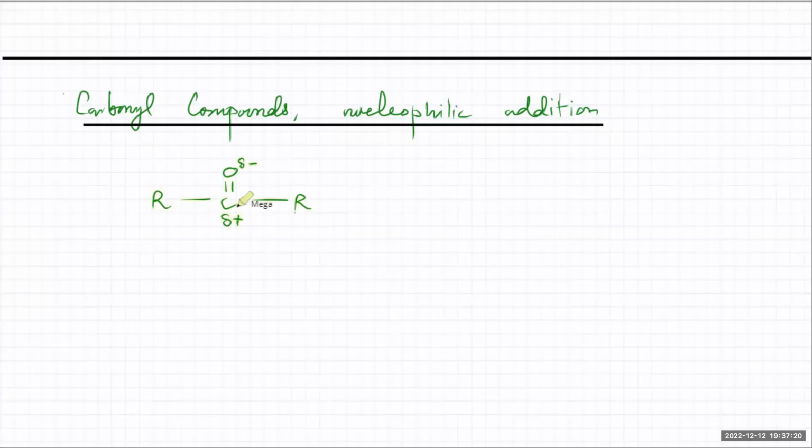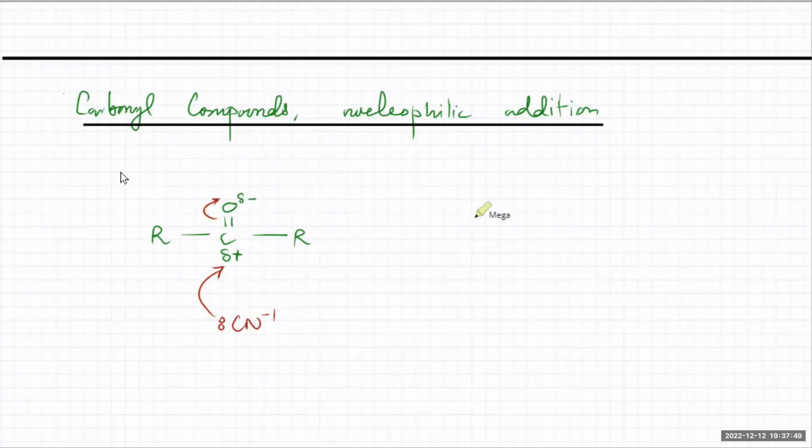What happens is that when you add CN minus as a reagent in this reaction, the carbon in CN minus has lone pairs, and those lone pairs get attracted to the carbon that's positive. And as this negative ion gets attracted, the electrons in this pi electron cloud get repelled.